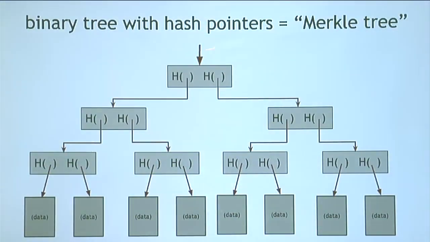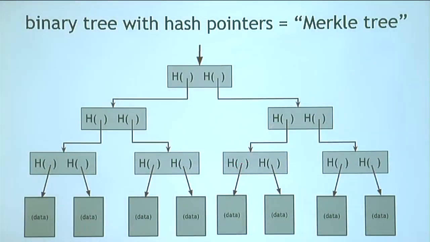And then just like before, we're going to remember just the hash pointer up here at the head of the tree. We can then, if we want, traverse down through the hash pointers to any point in the list, and we can make sure that the data hasn't been tampered with. Because just like I showed you with the blockchain, if an adversary tampers with the data in some block down here at the bottom, that will cause the hash pointer one level up to not match, so he'll have to tamper with that.